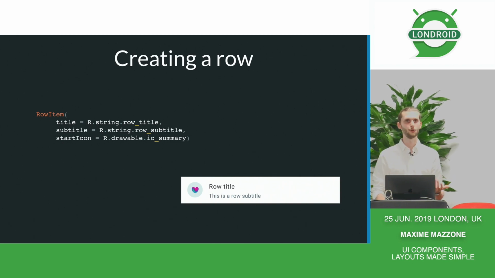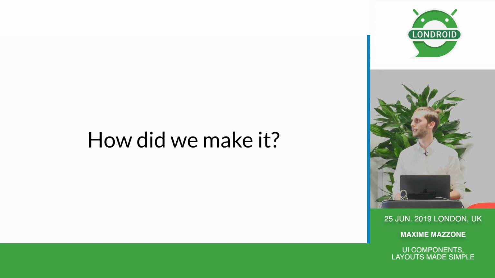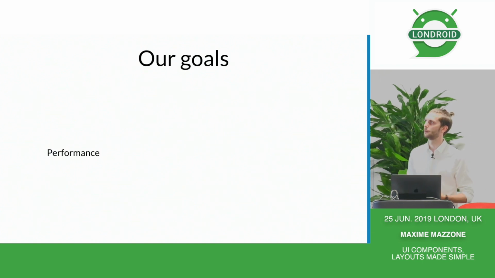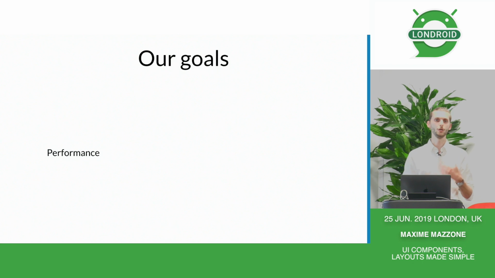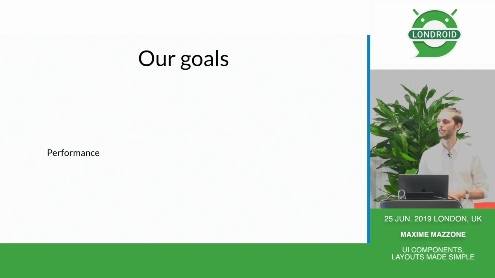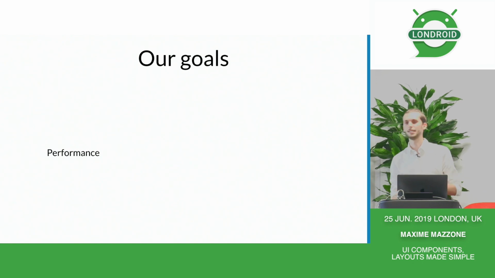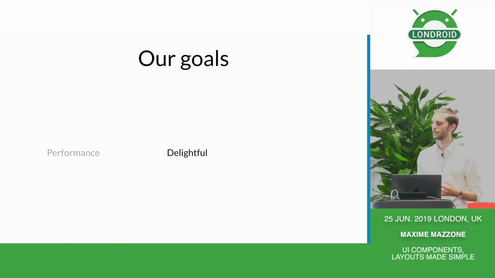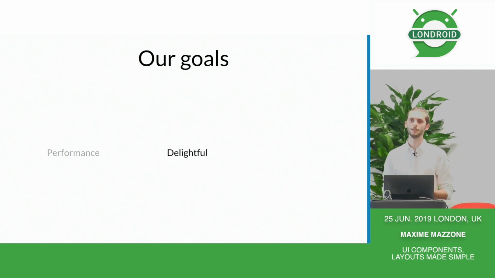So, I guess you all ask yourself, how did we make it? We had a few goals before starting this project. We were thinking, if we rework our UI, we should pay close attention to performance, right? We didn't want to make it easier for us, but worse for our users. We also wanted to have a delightful experience.